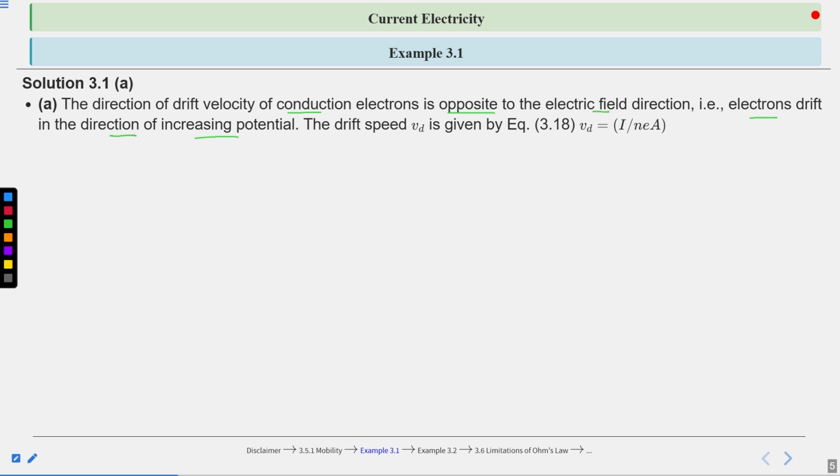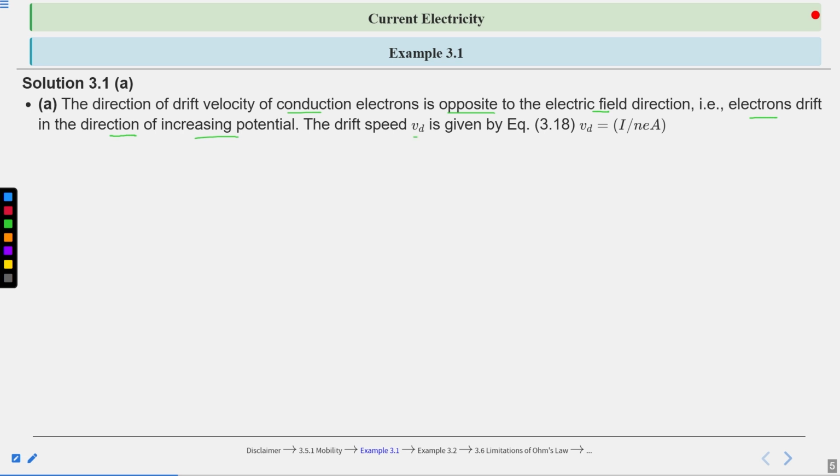So direction of electric field is in the direction of decreasing potential and electrons are moving opposite to the direction of electric field. That's why they are moving in the direction of increasing potential, means they are moving towards more positive potential.